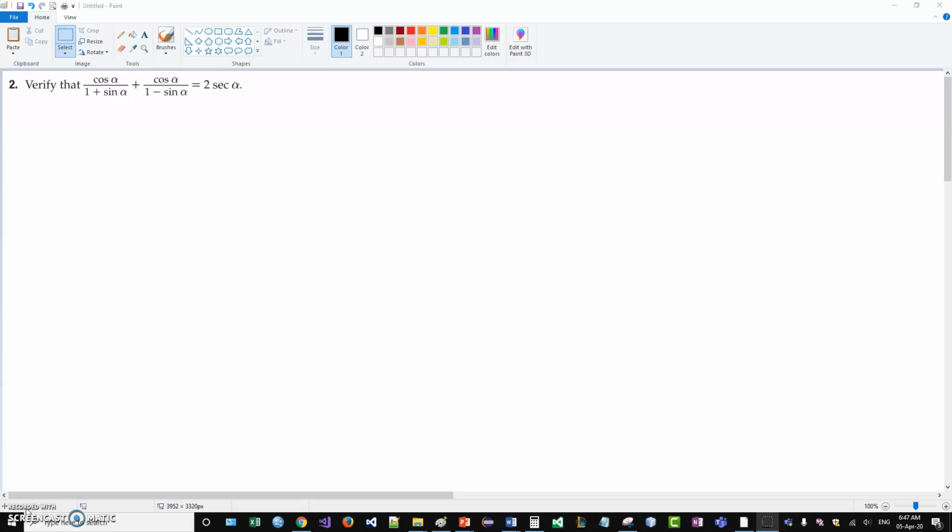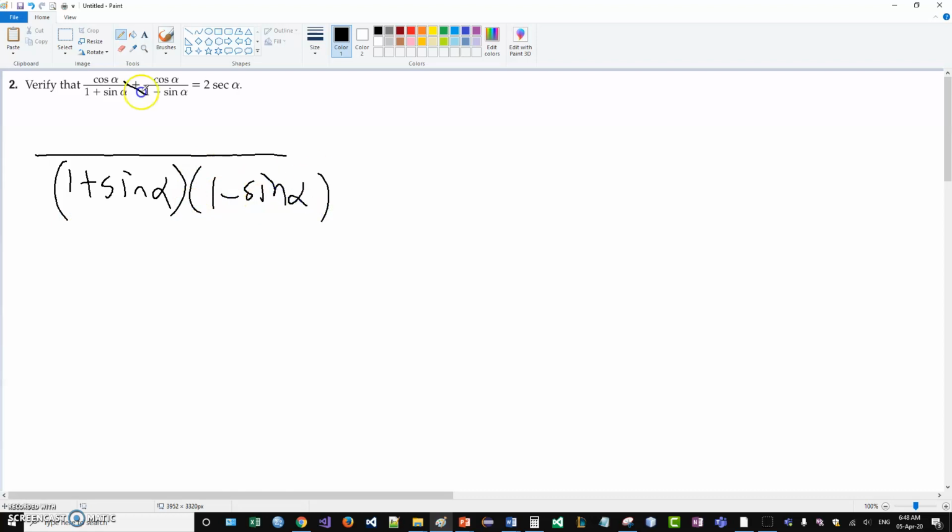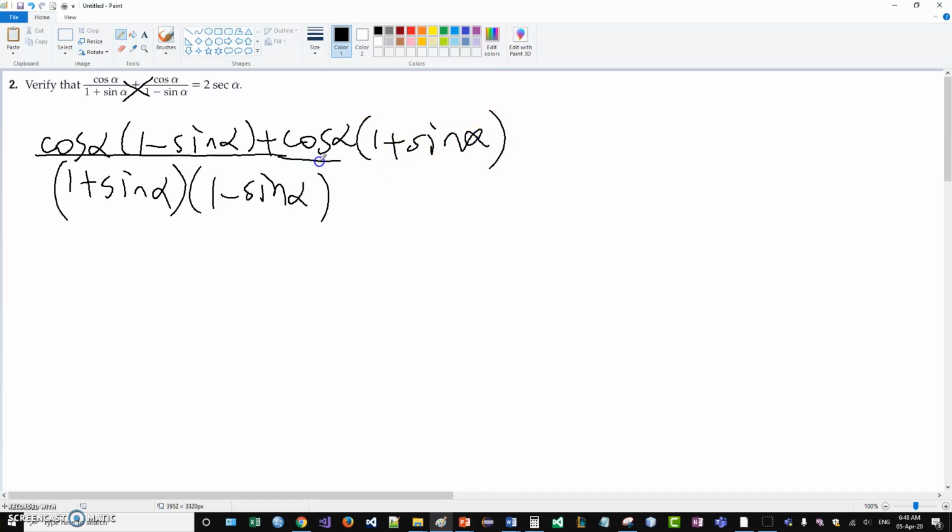Now the common denominator for these two fractions is 1 plus sine alpha, 1 minus sine alpha. We do this, and then cosine alpha times 1 minus sine alpha plus cosine alpha times 1 plus sine alpha.